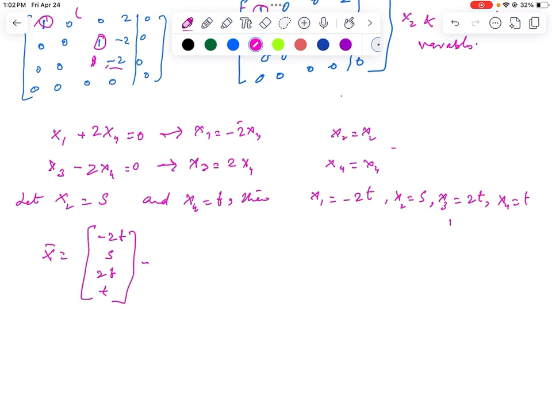So this can now be written by splitting the s and the t. We have 0, 1, 0, 0 with s outside, and then plus t outside of negative 2, 0, 2, 1.